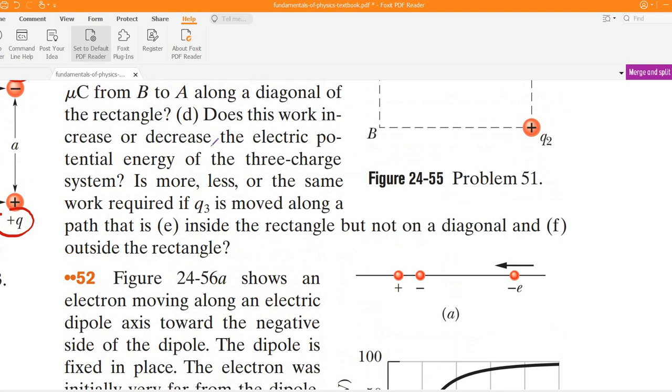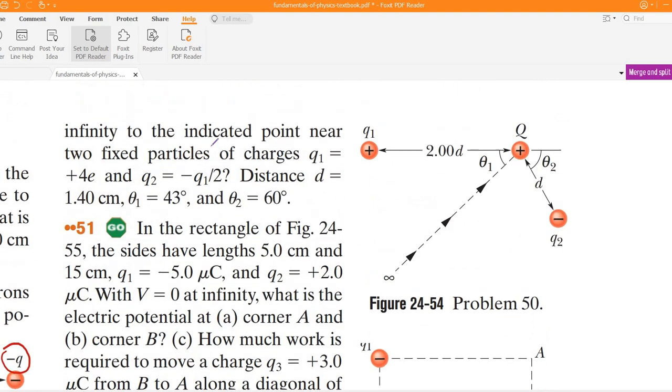Where is it? 50, right? Yeah. So this charge has been brought. It was at rest at infinity. It was brought to the indicated point near the two fixed particles. So Q1 and Q2 are fixed particles, and Q has been brought from infinity.